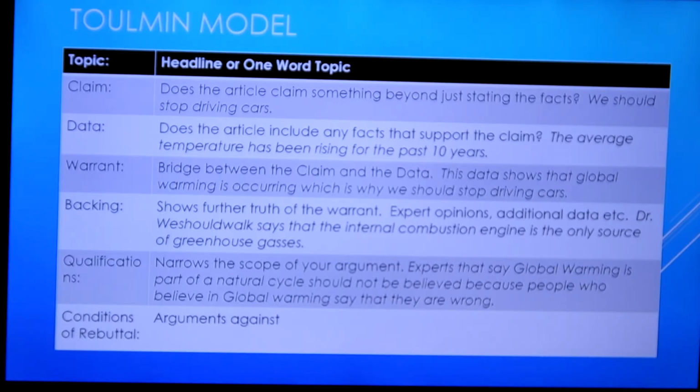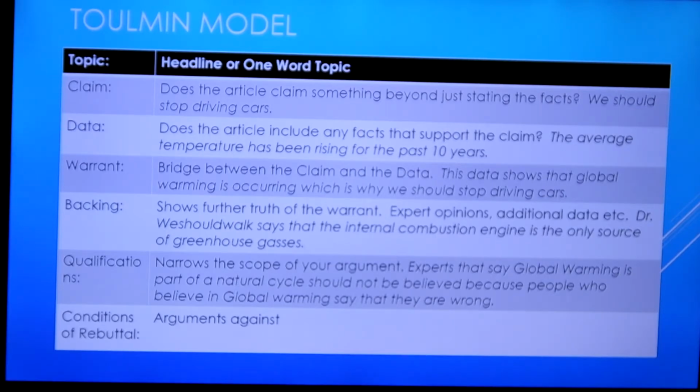In the speaker's mind, you can see where these things are related. In the listener's mind, it's like you're saying we should stop driving cars, and you're saying that the temperature has been rising for the last 10 years, but you haven't tied it together for me.